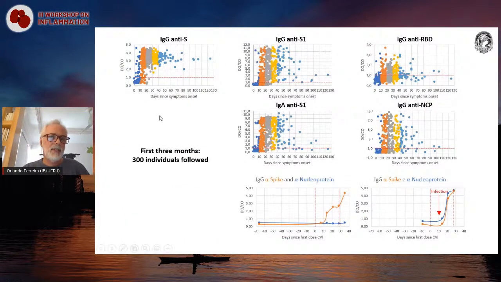So this is an old slide, just to show you the results of 300 individuals when we set up all the assays that we used during this study. We set up the IgG anti-trimeric protein, which was a kind donation from Professor Leda Castilho from COPPE, who has donated the trimeric protein since the beginning of the pandemic.